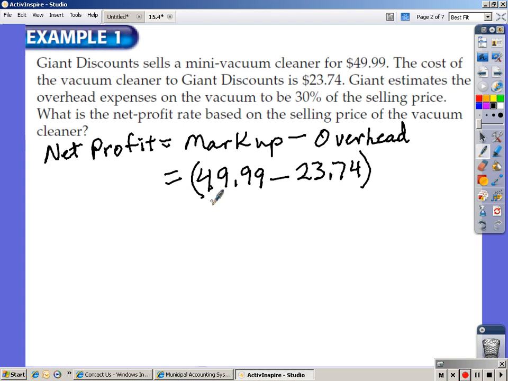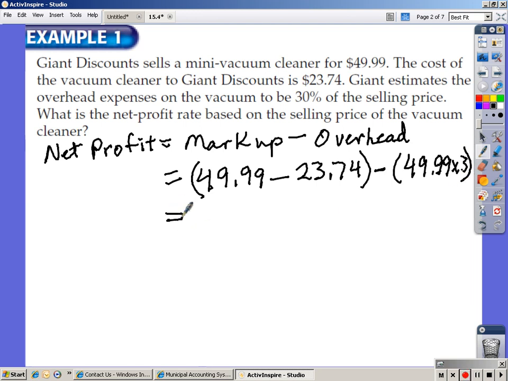Okay? And then our overhead, it tells me Giant estimates the overhead expenses on the vacuum to be 30% of the selling price. So the selling price is $49.99 times 0.3. All right.